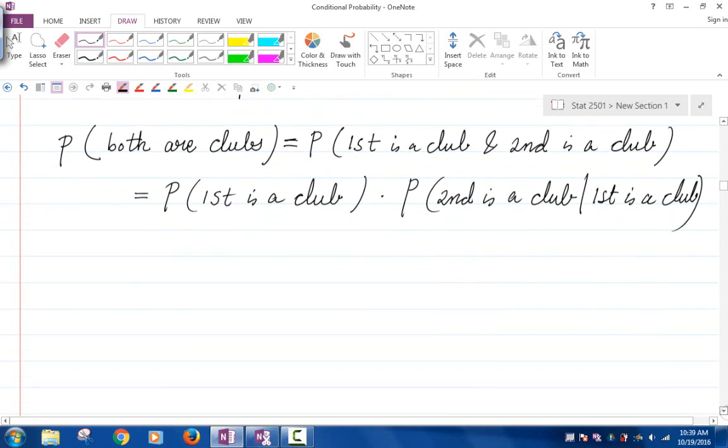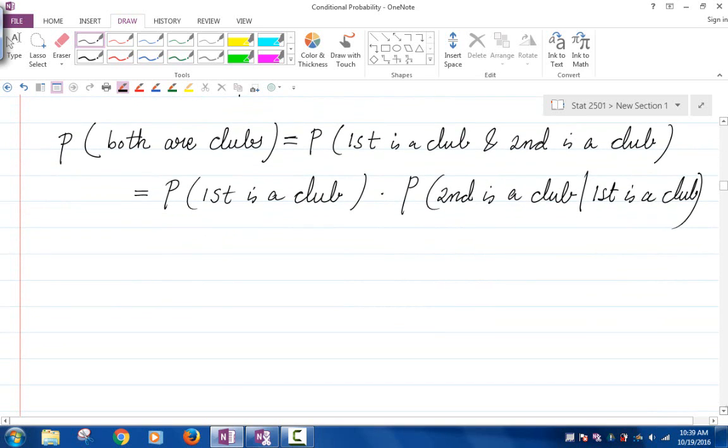And what's the probability that the first is a club? There are 52 cards in the deck, right? So there are 13 clubs out of 52, right? Well, and then what's the probability that the second is a club, given that the first is a club? 12 over, I'm sorry, 51, yes.